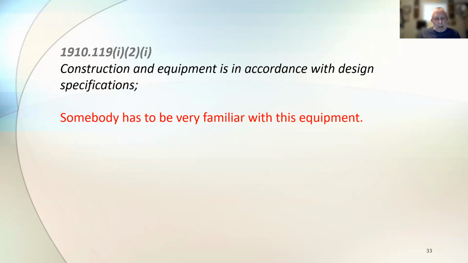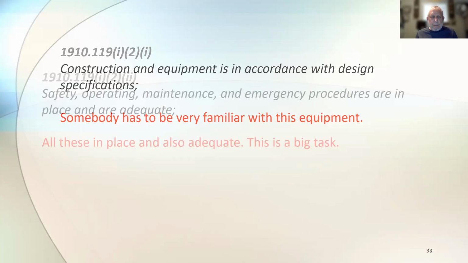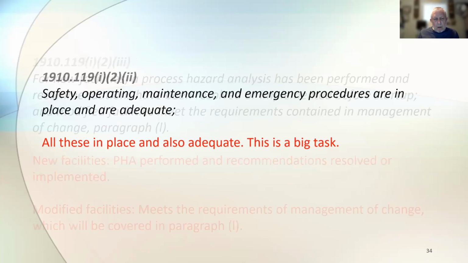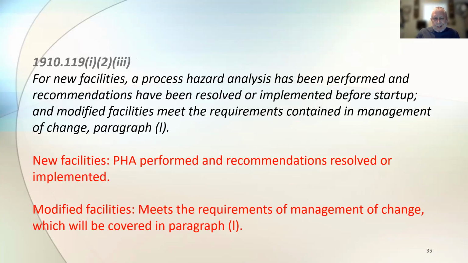Safety, operating, maintenance, and emergency procedures are in place and are adequate. That's a big task too. For new facilities, a process hazard analysis has been performed and recommendations have been resolved or implemented before startup. And modified facilities meet the requirements contained in management of change, paragraph L, which we haven't got to yet.